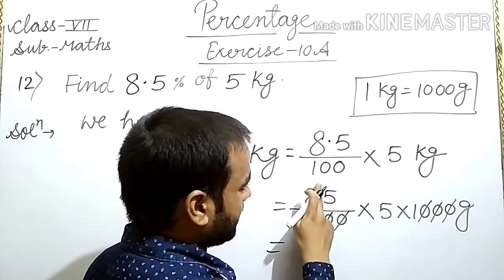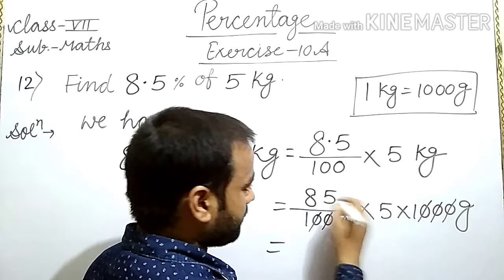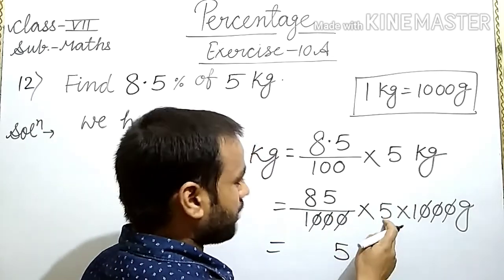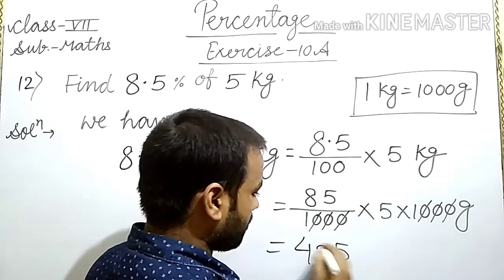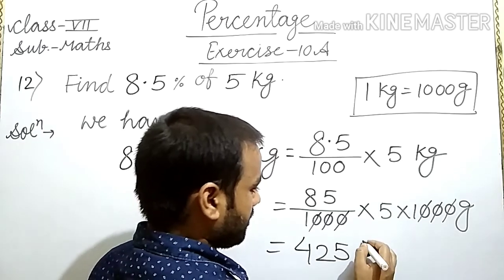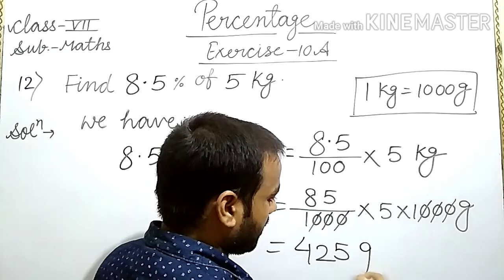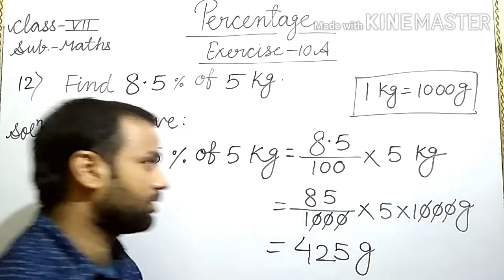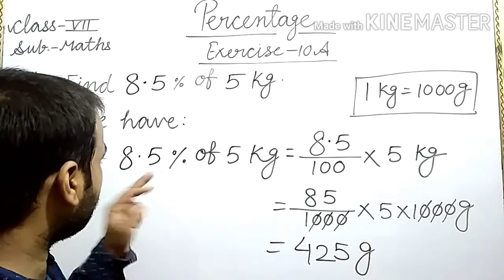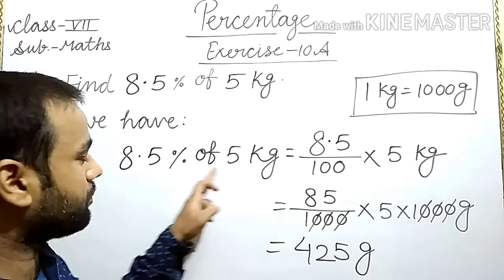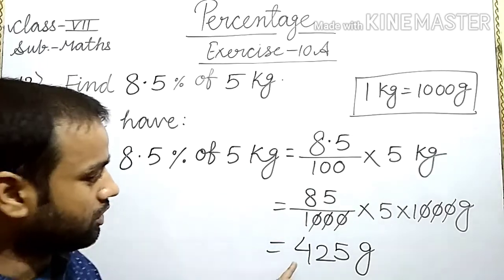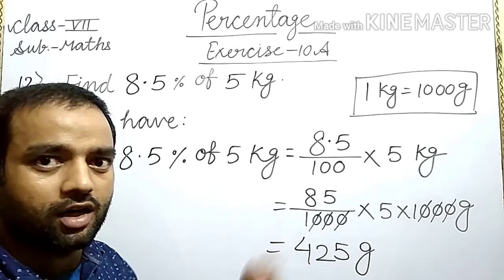Here multiply 85 into 5. So 5 fives are 25, carry 2. 5 eights are 40 plus 2, 42. So lastly we get 425 gram. Clearly we say 8.5% of 5 kilogram is equal to 425 gram.